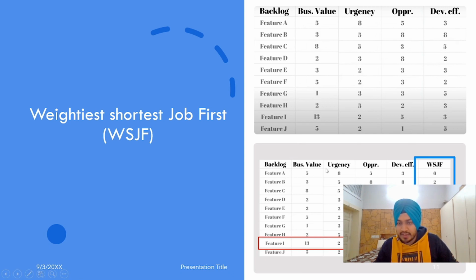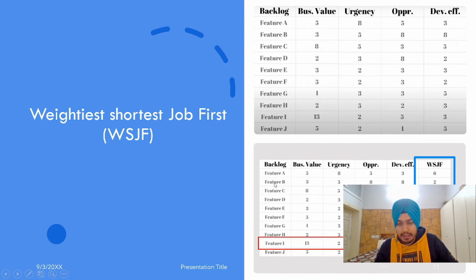So for feature A, business value would be 5. Highest would be 8, so accordingly we have relatively calculated. The business value would be 5, urgency would be 8, opportunity would be 3, development effort would be 3. So weighted shortest job first would be 6.